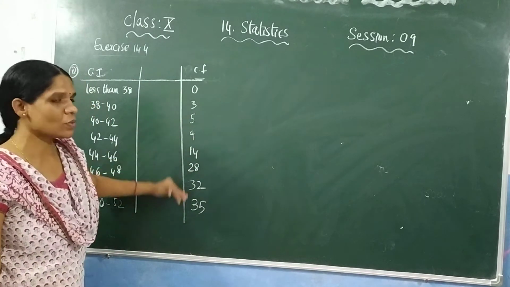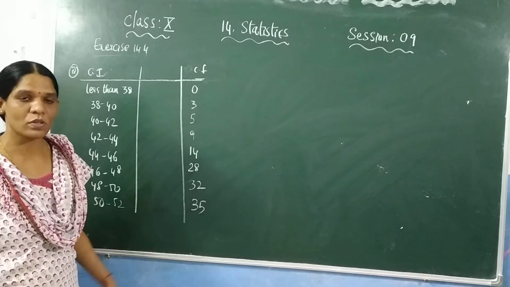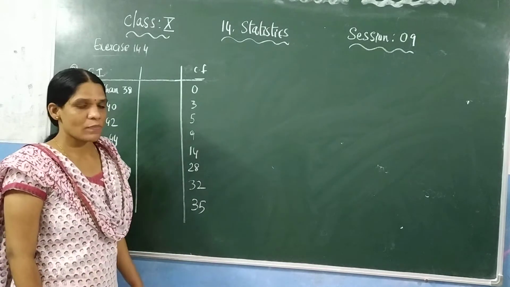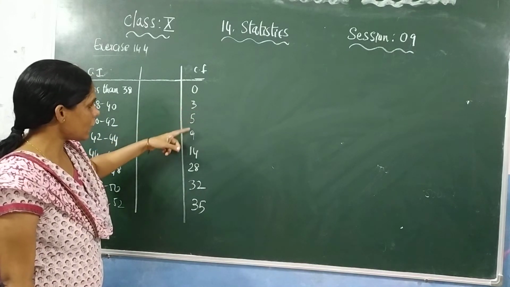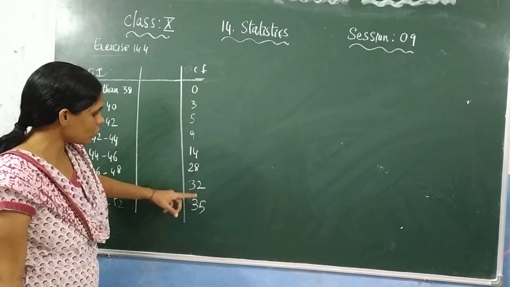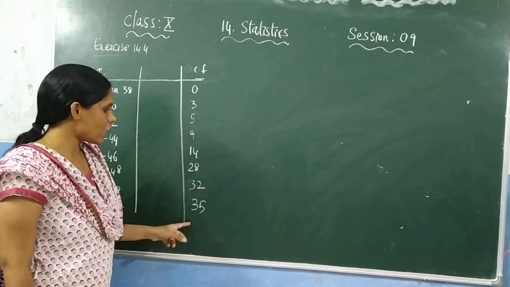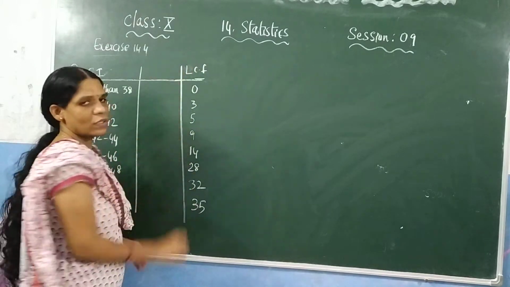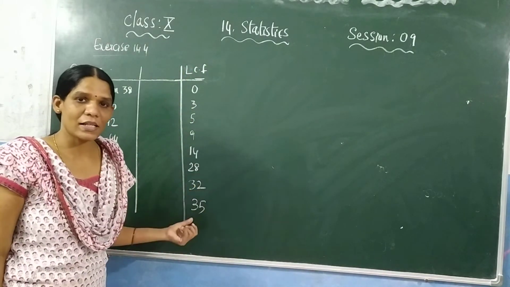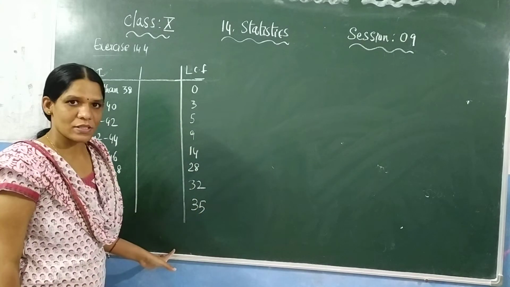Whether they are less than cumulative frequency values or greater than cumulative frequency values, how can you come to know? Here you can observe that the values keep on increasing: 0, 3, 5, 9, 14, 28, 32, 35. So after seeing these values you will come to know that less than cumulative frequency values are given, because while calculating the less than cumulative frequency values you get an increasing sequence, right?